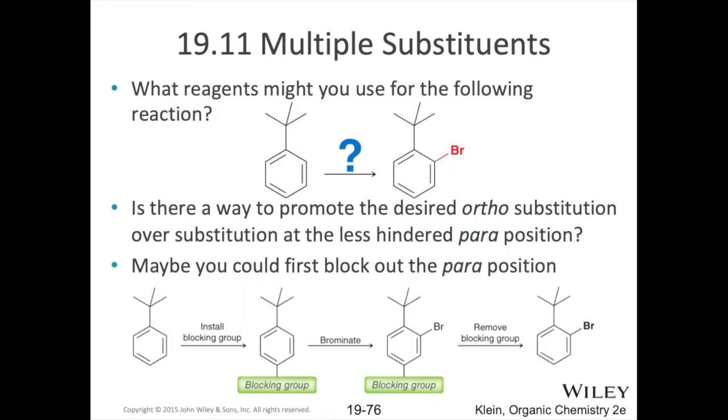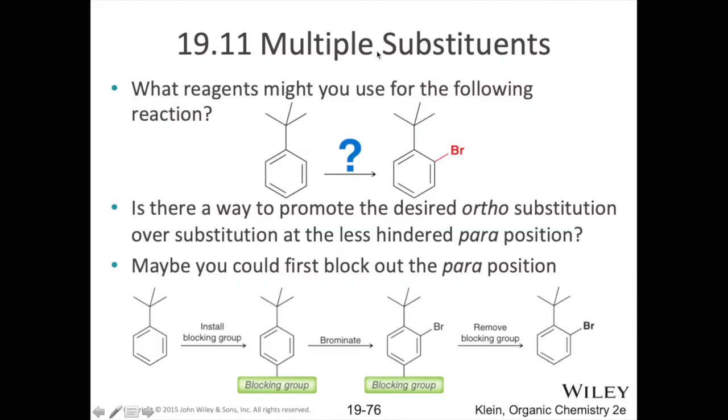Okay, so with that in mind, you want to consider how we can force groups to go where we want them to, right? Sometimes we want an incoming substituent to show up in a position that might not be immediately obvious or immediately feasible.